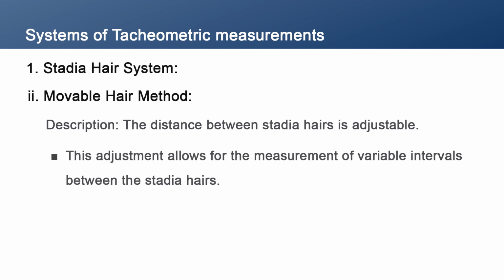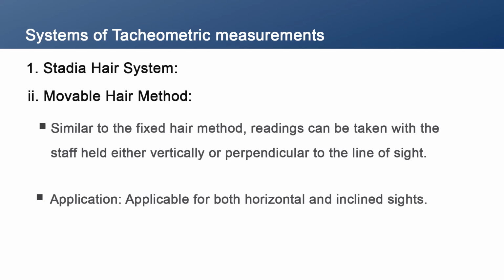This adjustment allows for the measurement of variable intervals between the stadia hairs. Similar to the fixed hair method, readings can be taken with the staff held either vertically or perpendicular to the line of sight, accommodating different sighting conditions.